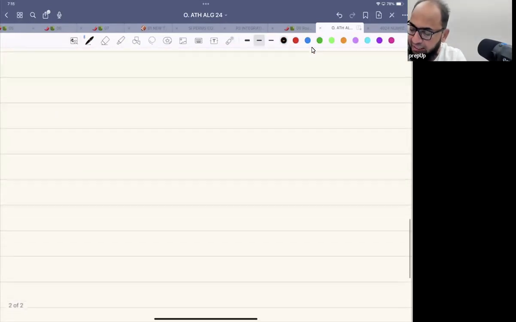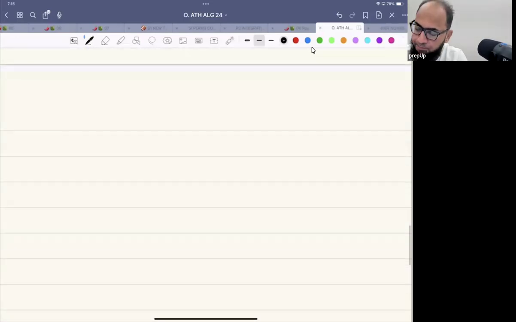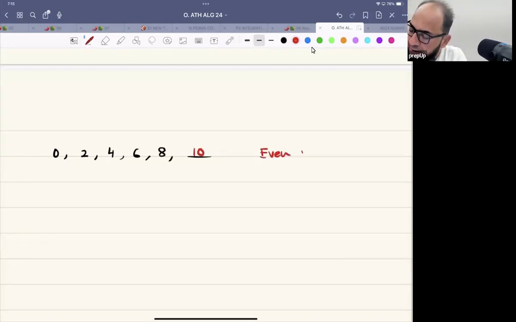So now the very first thing is that let me write down some different kind of sequences. For example, if I write 0, 2, 4, 6, 8, you can guess what is the next number. The next number is 10. Now this is an even numbered sequence, a sequence of even numbers.